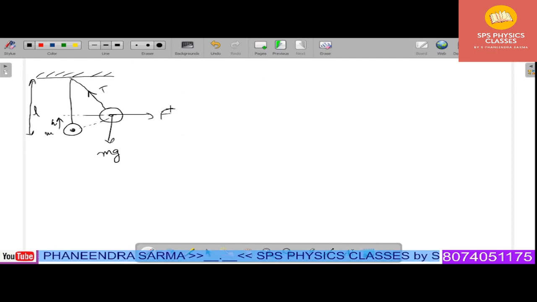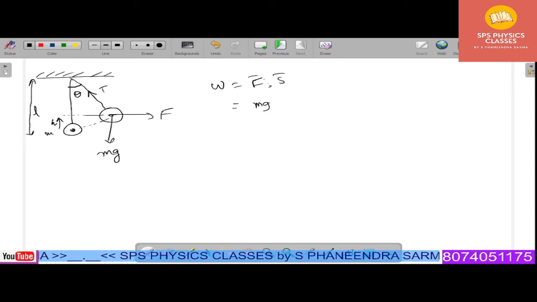So when you apply the force, the object displaces at a certain angle theta degrees at the point of suspension. When you resolve at this location, let h be the vertical displacement. Gravitational force acts in the downward direction, and the displacement is vertically upward. Therefore, work done by gravity is F bar dot S bar. F bar here is the gravitational force mg.